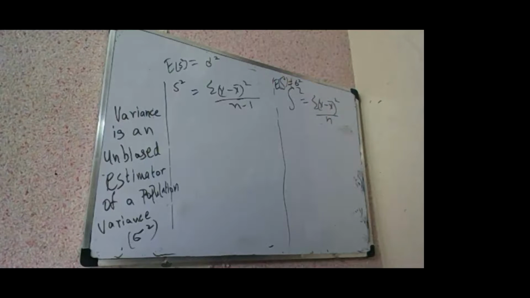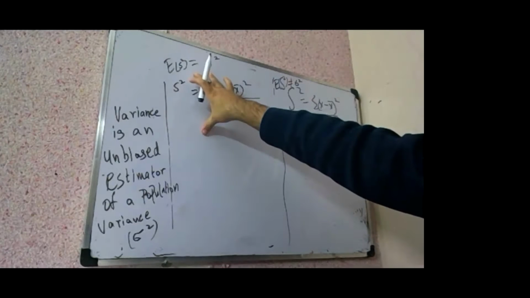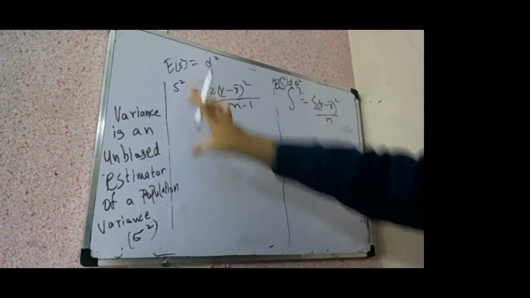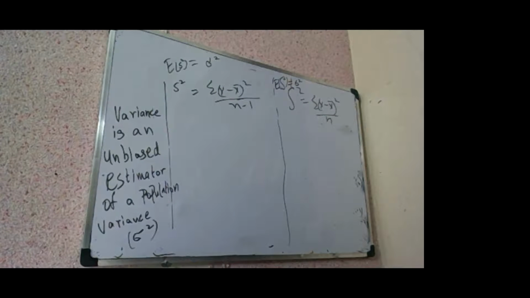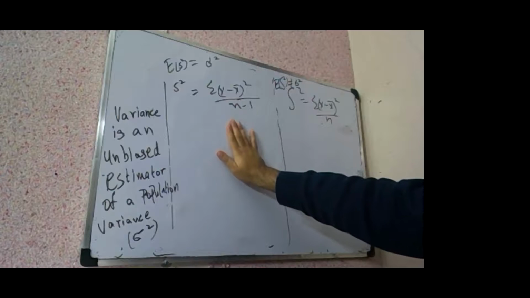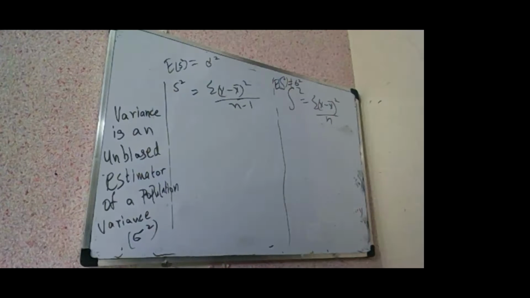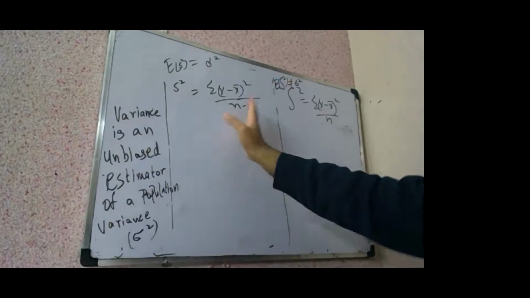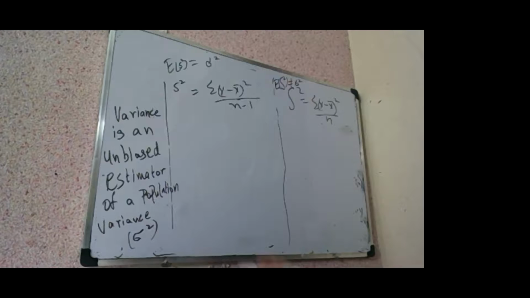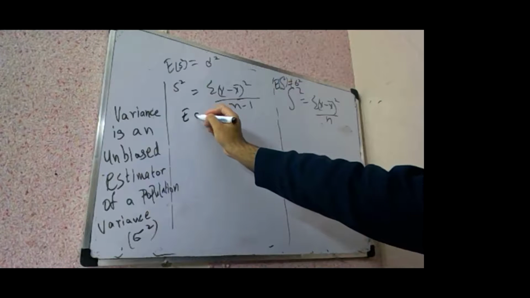If this holds, it means the small s square, the sample variance, is an unbiased estimate of the population variance sigma square. And this term here doesn't. Let's open this one first, one by one. Again, a constant will come out when we take expectation. Just apply expectation on this.